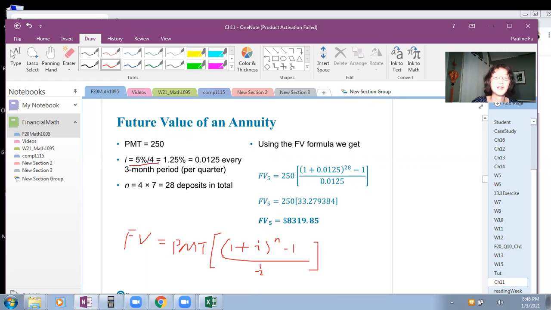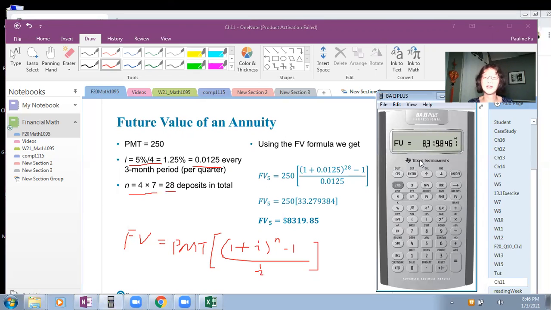And I is 5% divided by 4, equal to 1.25%, equal to 0.0125. N is 4 quarters times 7 years, so 28. And you plug in the numbers, you get this number here, the same as we got from the calculator here.